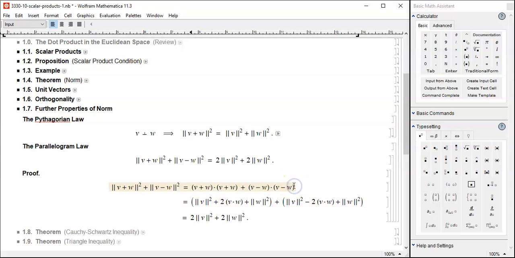How about this one? Similar deal, foil it. First, v dot v, so that's norm of v squared. And the middle part, v dot w, w dot v, we have minus this scalar product. And finally, w dot w, so we have norm of w squared. Just some algebra. This part and that part cancel each other out, and we have twice of that, and that's precisely what we want to get.